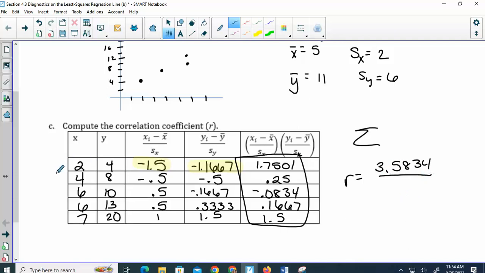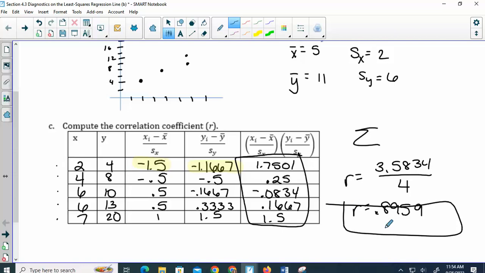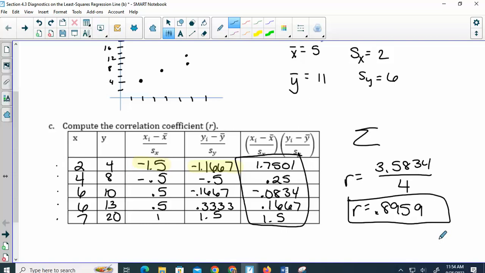N is the number of ordered pairs. So we have 1, 2, 3, 4, 5. So 5 minus 1 is 4. So we get an r value of 0.8959. Does everybody know how I got that by hand?